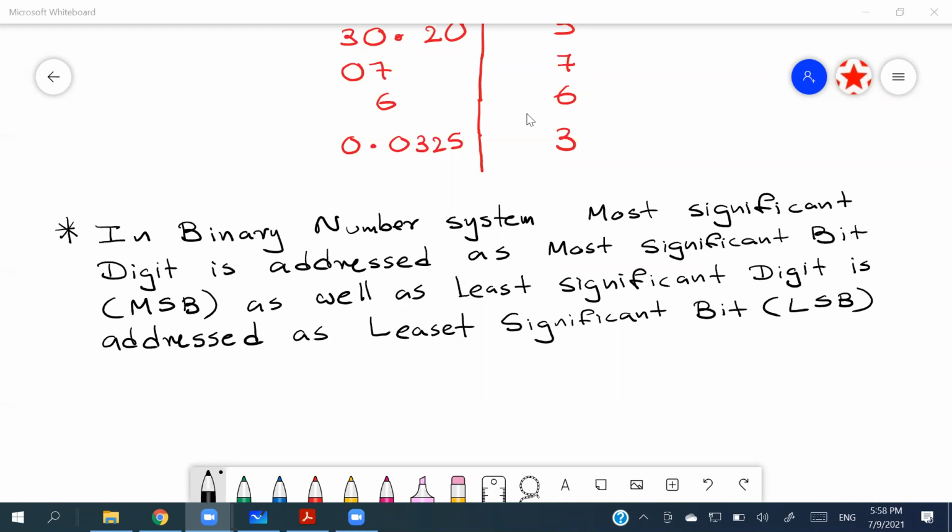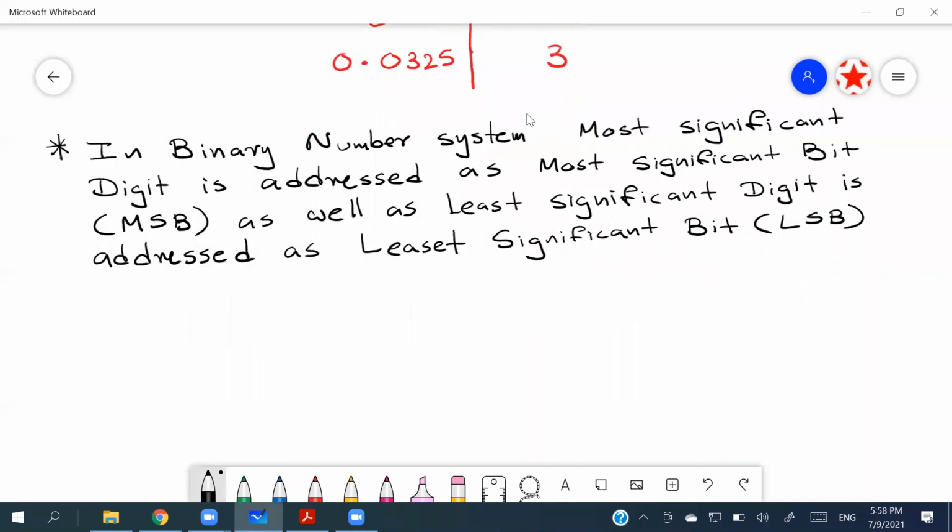All right, so now we are going to discuss the conversions in between the number systems. That is the major part of this lesson, right? And we are going to learn 4 different types of conversions.